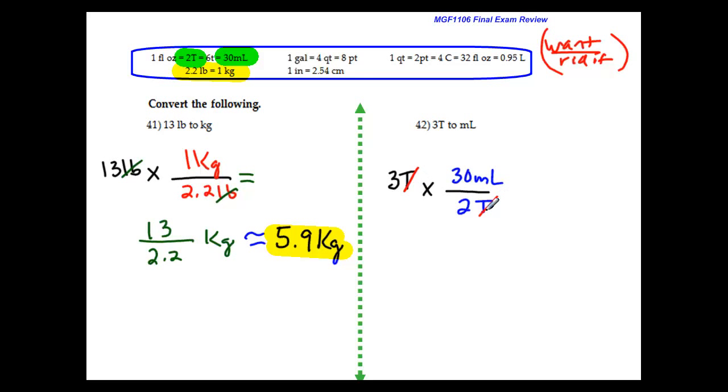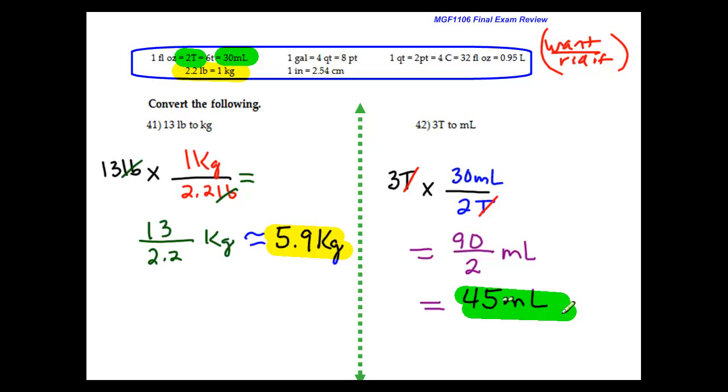The tablespoons cancel. 3 times 30 is 90 over 2. The milliliters are staying. 2 divided into 90 gives me 45 milliliters. That is my answer for number 42.